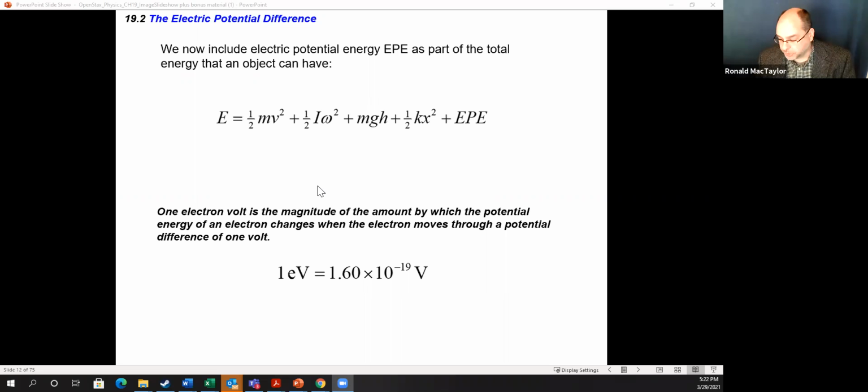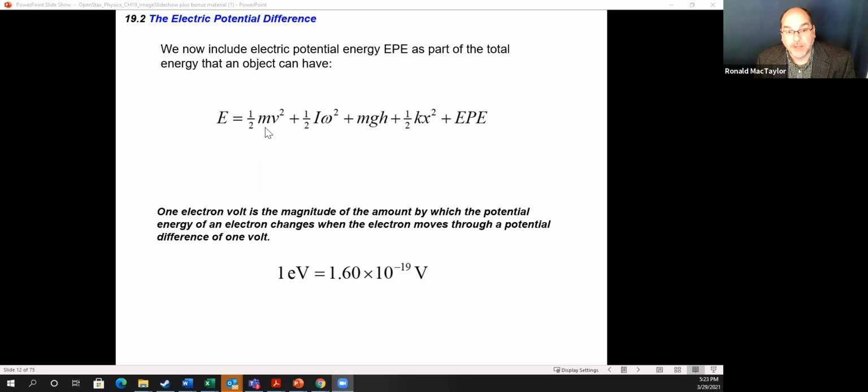The total energy is the sum of the kinetic energy, 1/2 mv squared. Anything that has mass and is moving has kinetic energy. And then if it's rotating, I don't know if you remember this from toward the end of physics 1, 1/2 I omega squared, this is rotational kinetic energy.